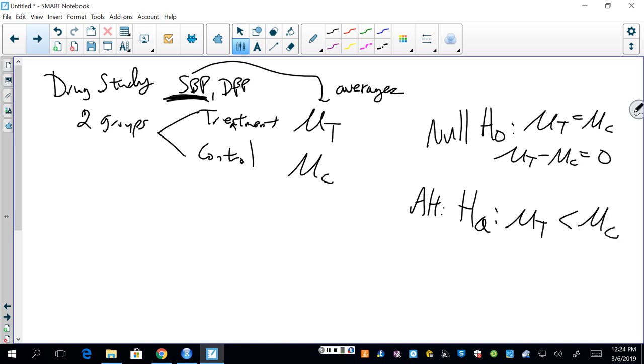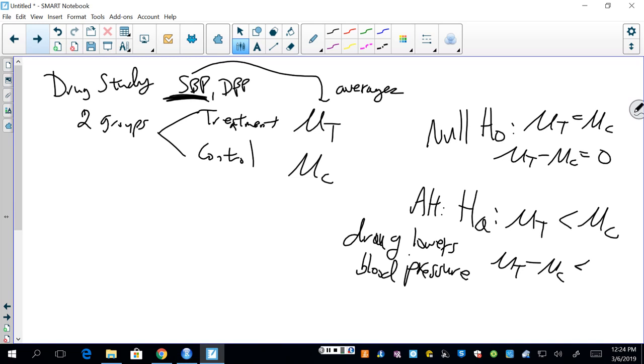And that would imply that the drug lowers blood pressure. So I guess this would imply that mu sub T minus mu sub C would be less than zero. You might phrase it the other way, mu C minus mu T is greater than zero, but consistent with that, one being bigger than the other.